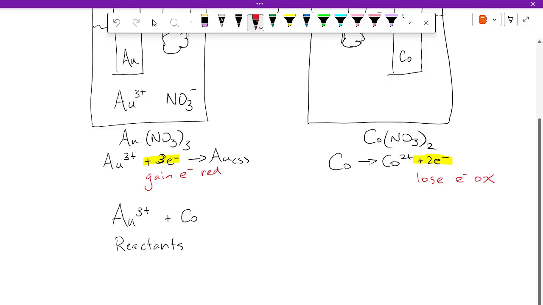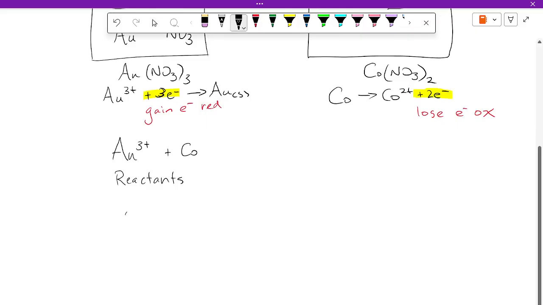If we gain electrons, is that the anode or the cathode? And how do you remember? I'm going to give you a trick to remember, okay? Oxidation occurs at the anode. Those are both vowels.